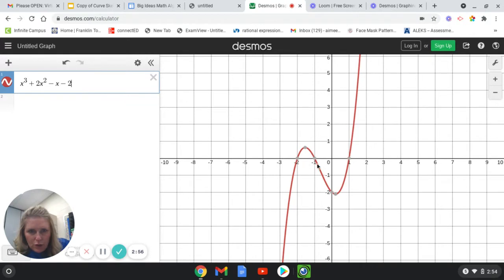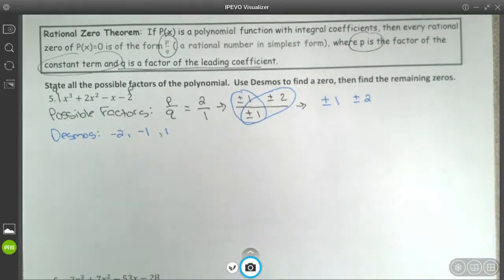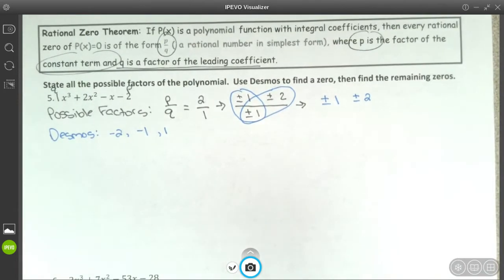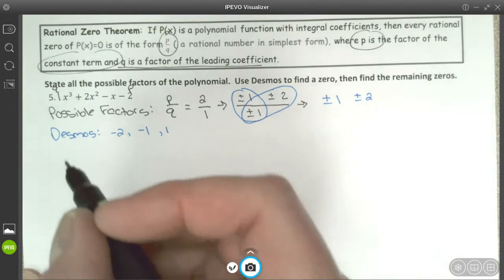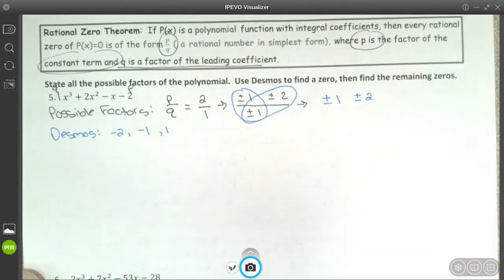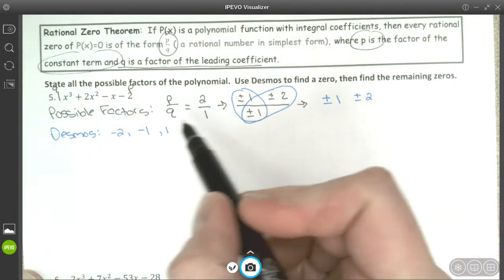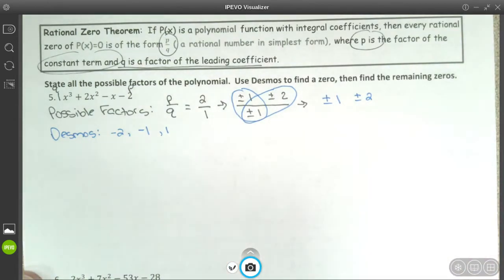It also looks like it's crossing here at -1. And it also looks like it's crossing at +1. So these are my possible factors, and now I'm going to use synthetic division to verify that these are my 3 factors.